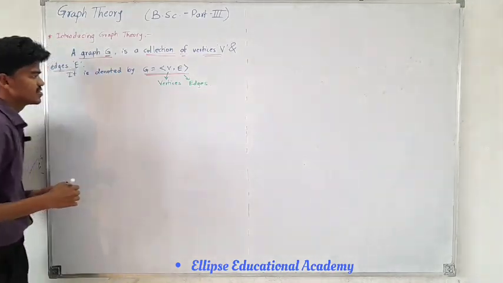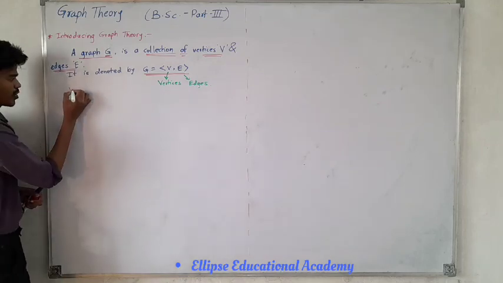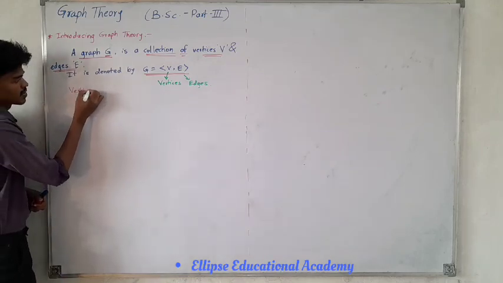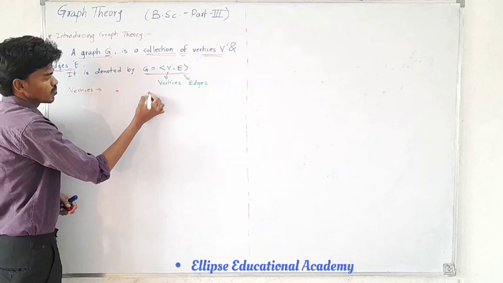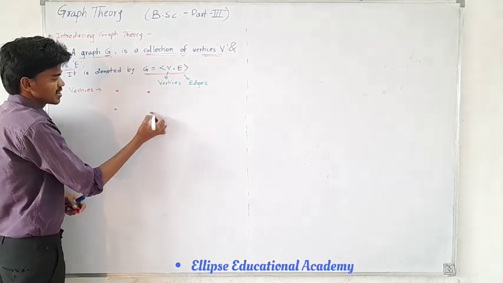So let us define the meaning of vertices and edges. Vertices mean points, like this, which I represent here.